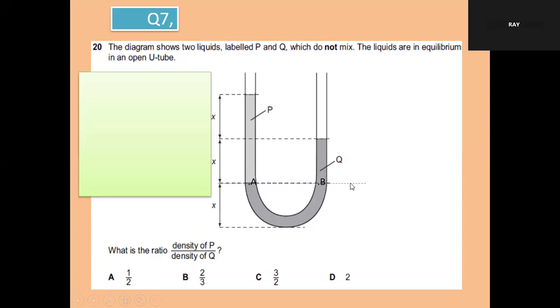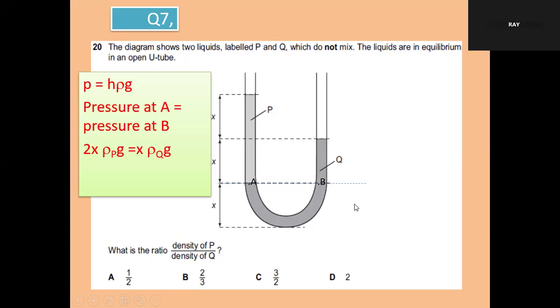Call that A, and the same level on the other side, call that B. Pressure at A equals pressure at B. That is hρg: 2x times the density of P times g equals x times the density of Q times g. Then cross multiply. Take ρQ out. x and x cancel out, then you get the answer.